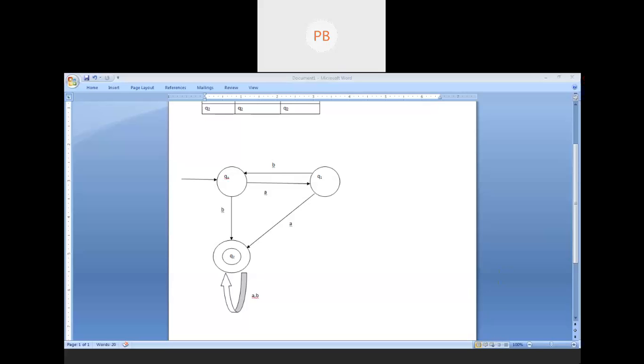Tridip, what is the final state? Give your response quickly.